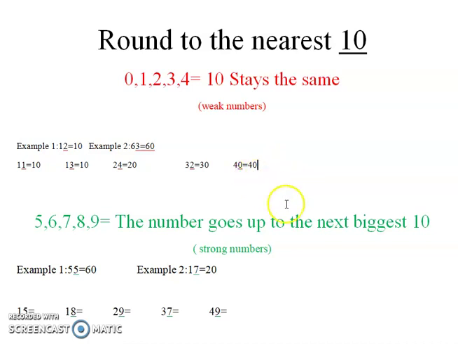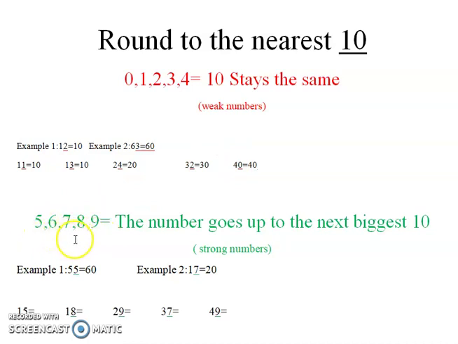Okay, so let's move on to what our strong numbers are. We already know that our weak numbers are 0, 1, 2, 3, and 4. And this indicates that our number in the tens place value will stay the same. So now let's go over these numbers.